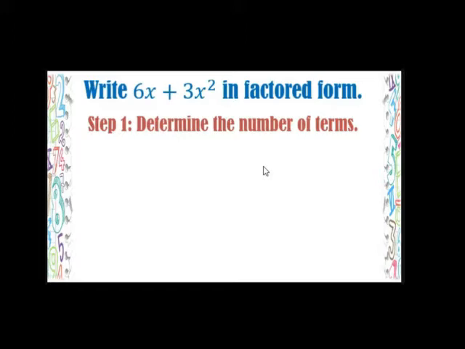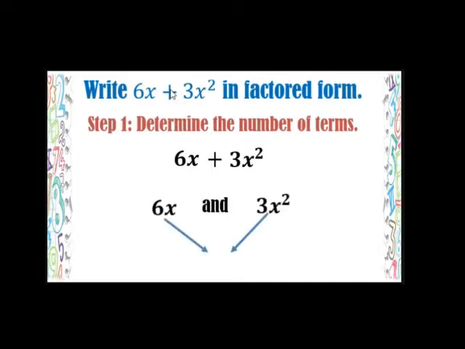Since the given is a binomial, you can easily determine the terms because they are separated by the plus or the minus sign. So we have here the plus sign. So the terms are 6x and 3x squared. So we have 1, 2. We have 2 terms.